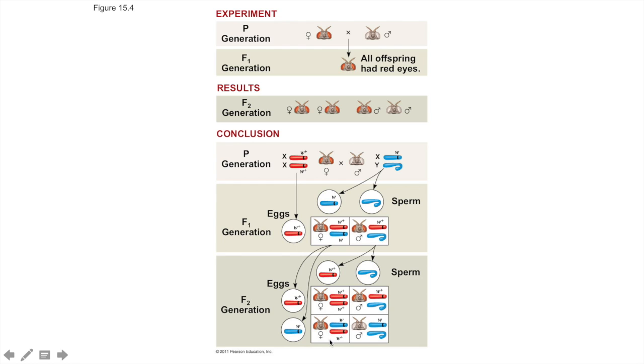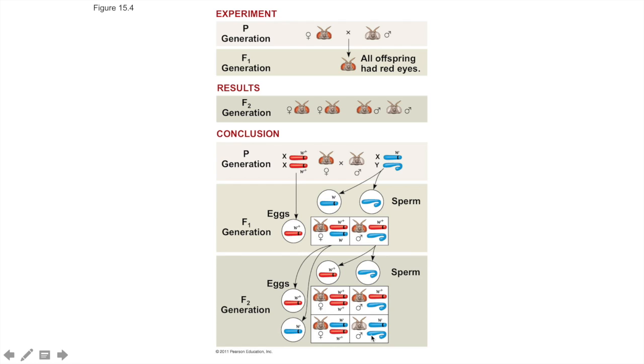And females, because it's a recessive characteristic, they would get 1 copy of the white allele from dad, but it would be masked by the red allele from mom.